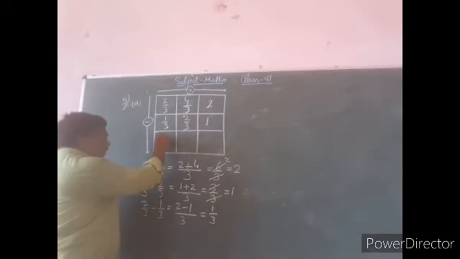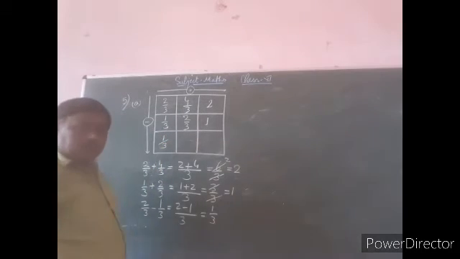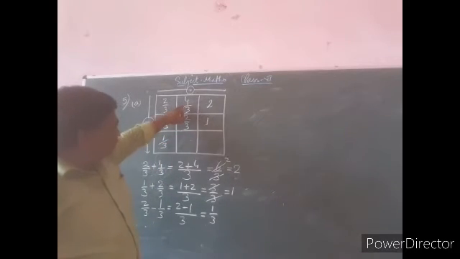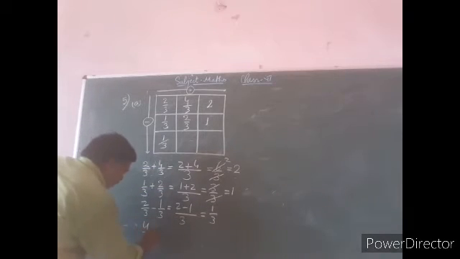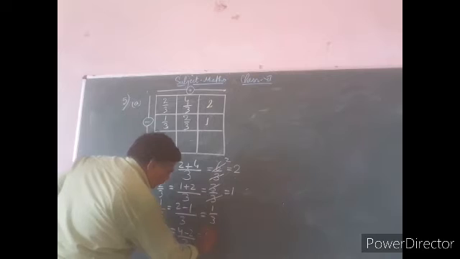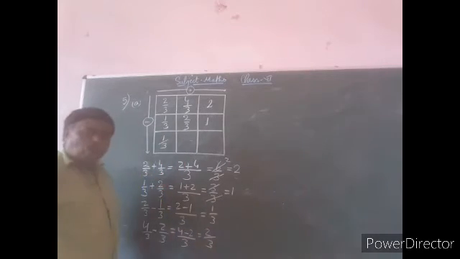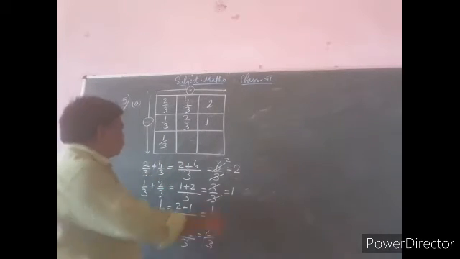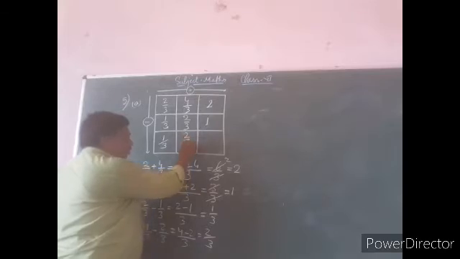So here it will be 1 upon 3. Now 4 upon 3 minus 2 upon 3. Take the LCM, 3. 4 minus 2, it is 2 upon 3. So here it will be 2 upon 3.